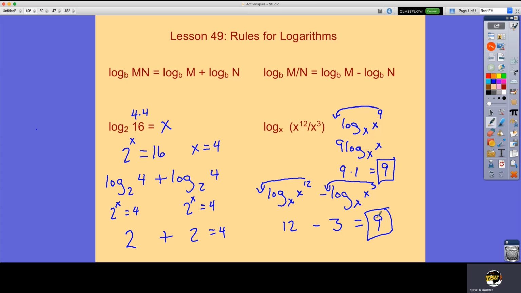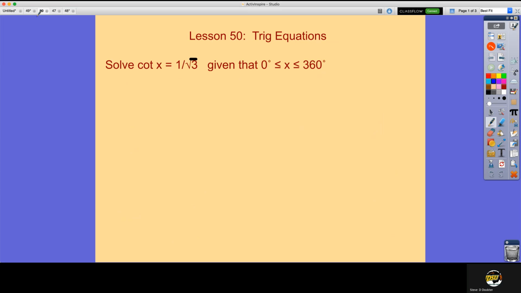Do you guys need a break or should we go to lesson 50? You need a break already? I don't think so. Lesson 50 is all of 3 slides. So I'll torture you through this lesson, and then we can go from there. The interesting thing about this semester is we are going to have some lessons where it's just a one-page lesson.